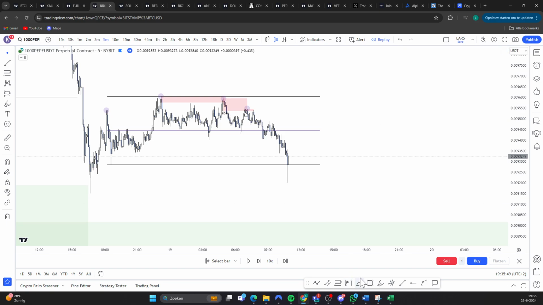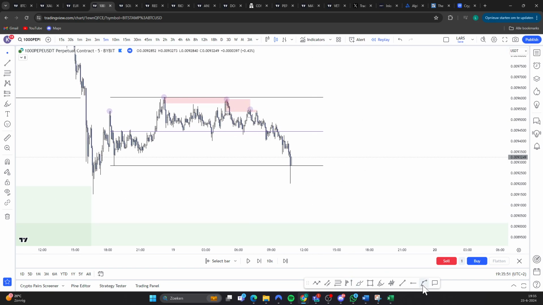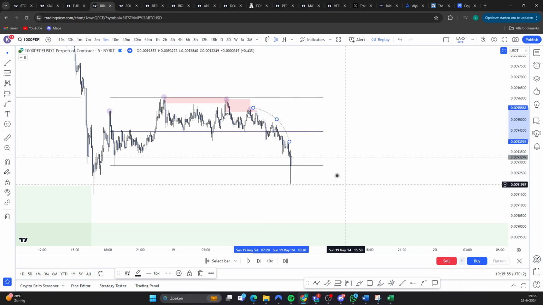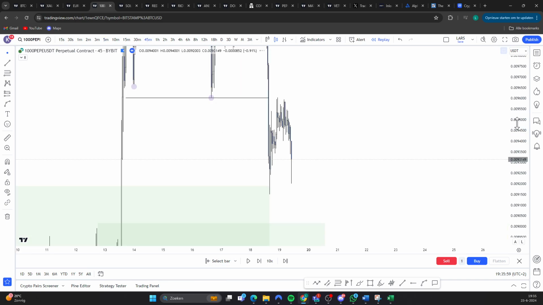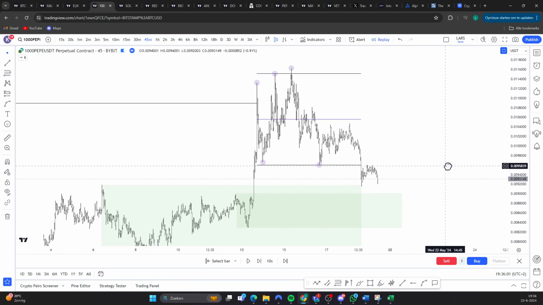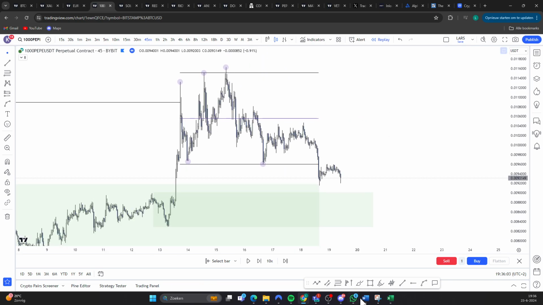The way we came down, we're leaving a crazy return to zone, meaning this is all just liquidity now. So let's clean this up and reassess. This could also just be a range.